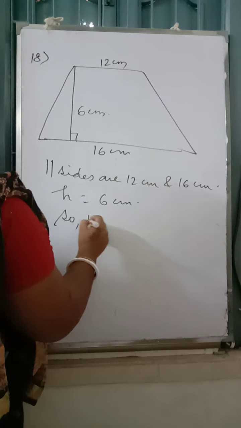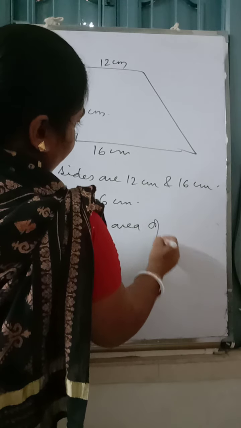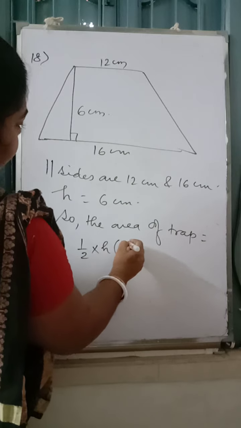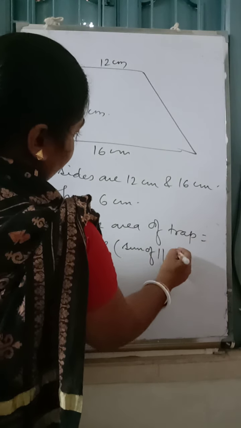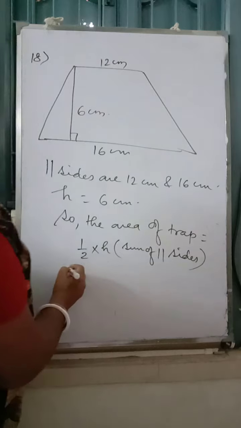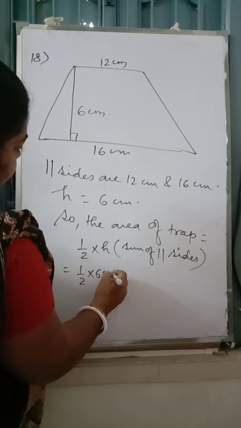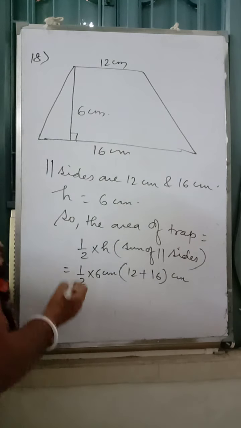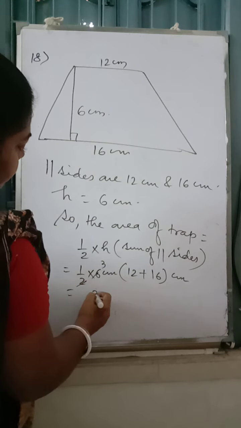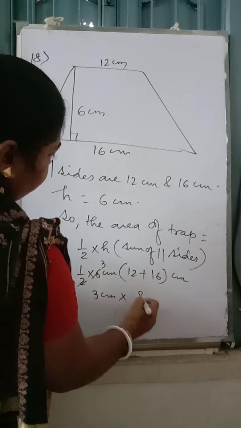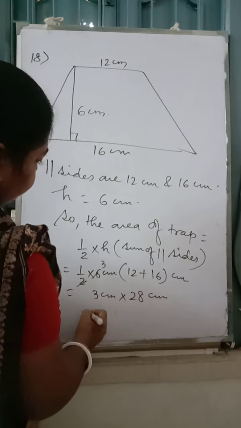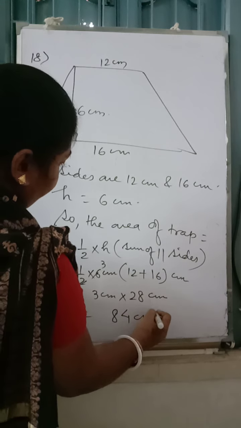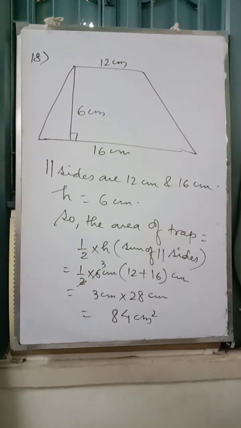So the area of the trapezium is equal to half into height into the sum of the parallel sides, we have learned. So it gives you half into 6 centimeter into (12 plus 16) centimeter, or 3 centimeter into 28 centimeter. 84 centimeter square will be the area.